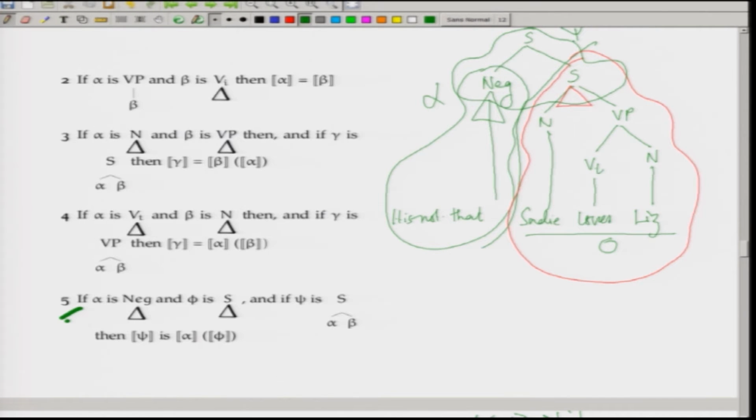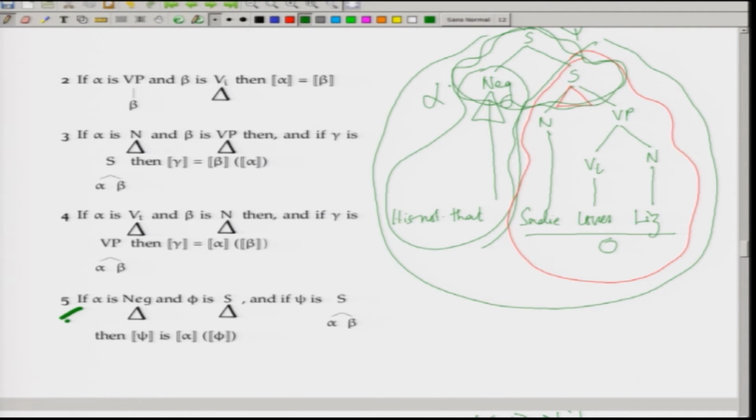If that is the case, then the denotation of xi, the entire thing, basically the very center, the very essence of the entire sentence, will be a combination of the denotation of alpha, and alpha we have seen is the logical connective, that is this. That will be the function, and the argument will be phi.